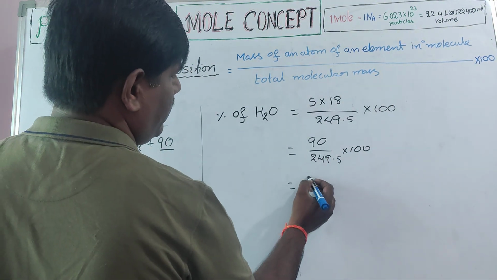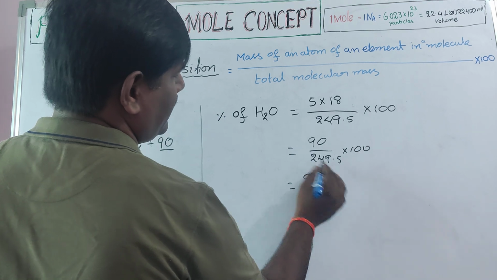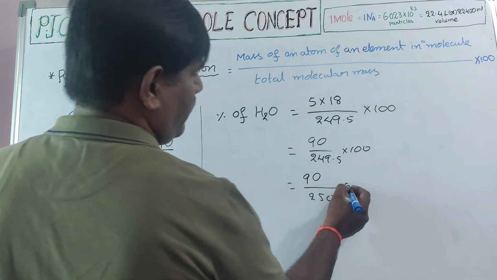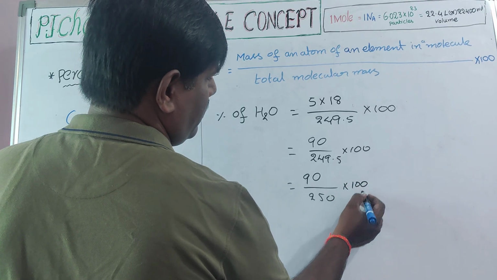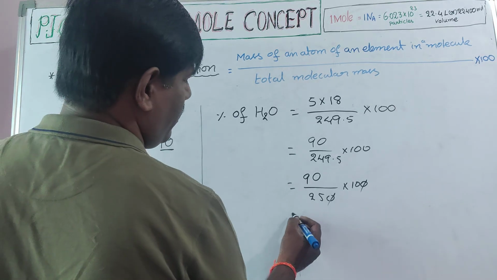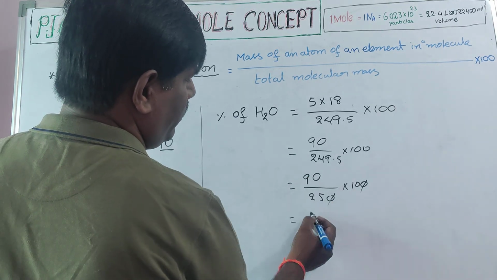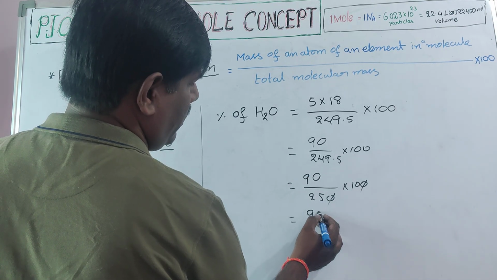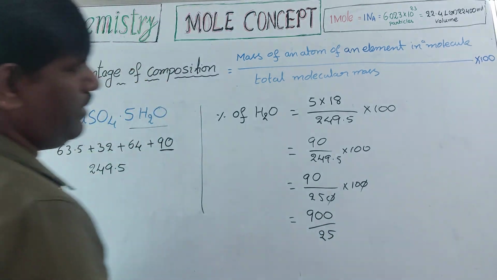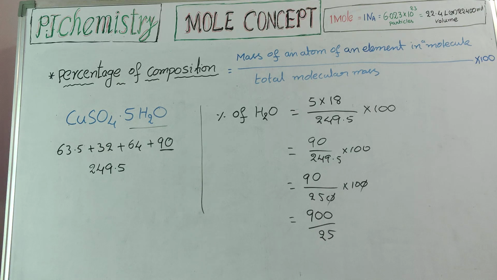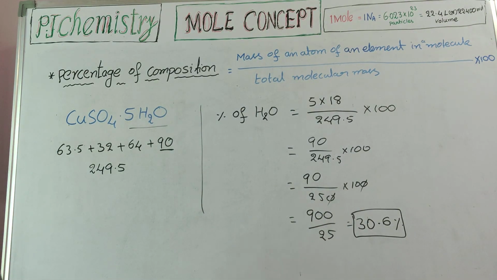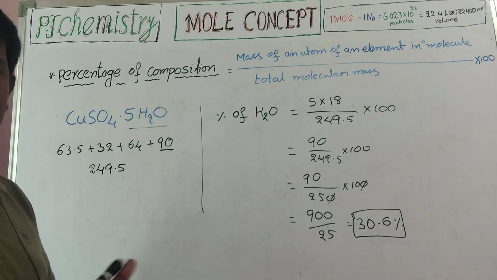Yes, simplify it. If I consider this as around 250 for our convenience, 0, 0 will get cancelled. Now 90 into 10, 900 by 25. Go through the calculation. Yes, that is the water percentage.